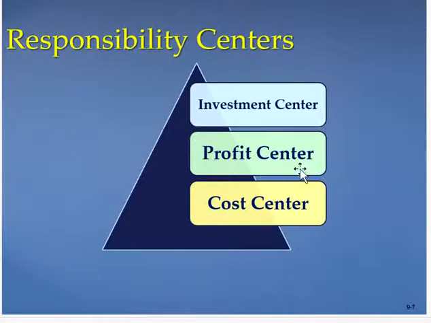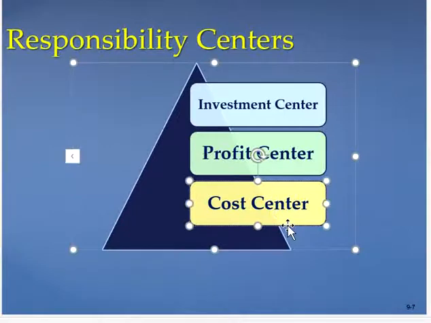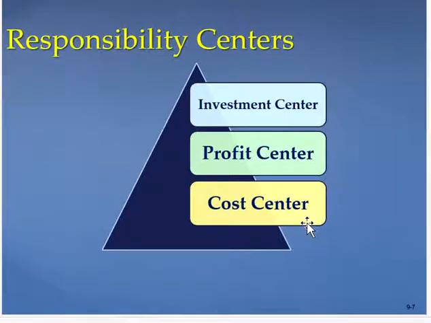In a profit center, the manager is only responsible for generating the profit. That's it. He is not responsible for investing that profit. In a cost center, the manager is responsible only for costs. Just spending money is a cost center. Yes. Now responsibility centers are done.